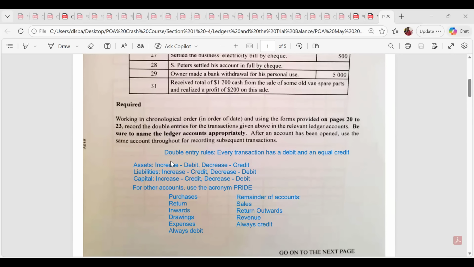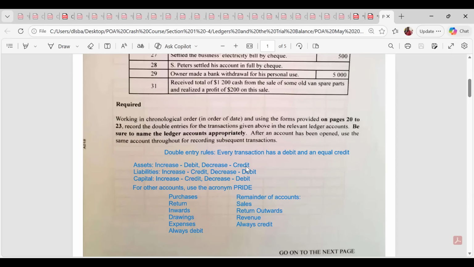For assets, when they increase you debit, when they decrease you credit. Liabilities and capital are the opposite. When they increase you credit, when they decrease you debit. For the other accounts, we use the acronym PRIDE. PRIDE stands for purchases, return inwards, drawings, and expenses.